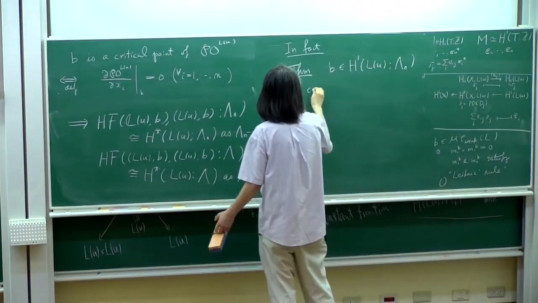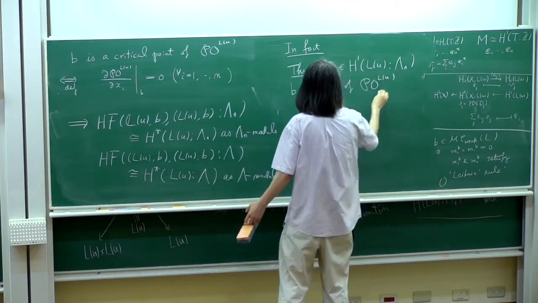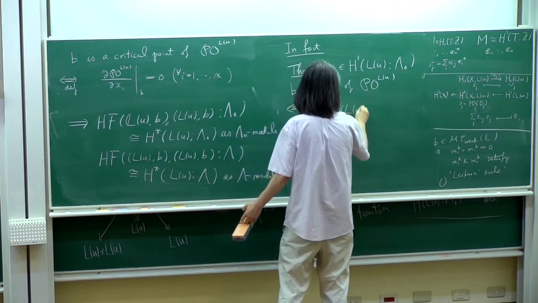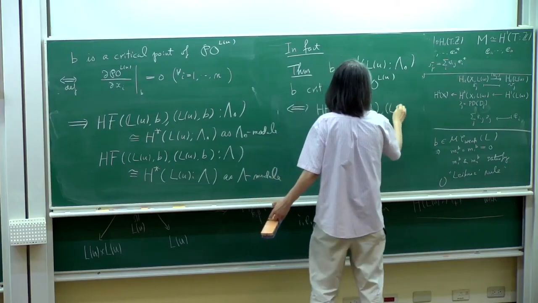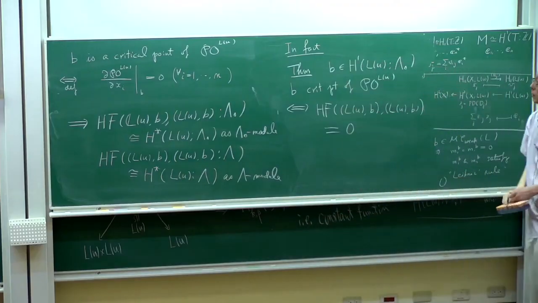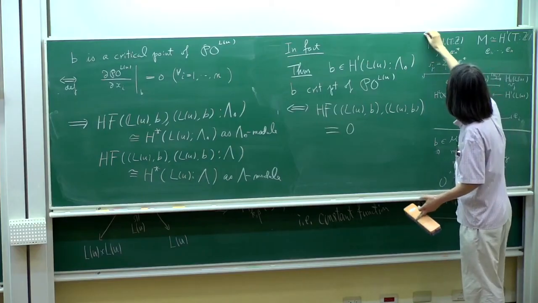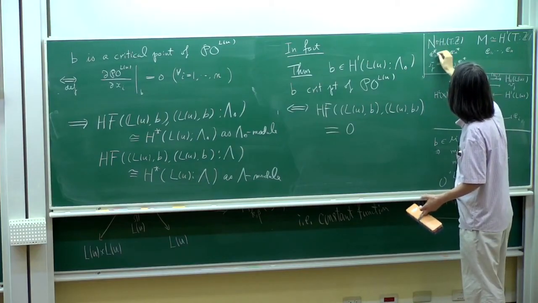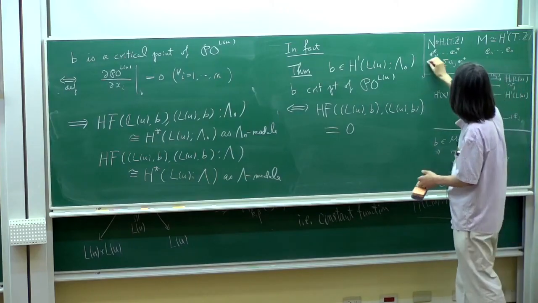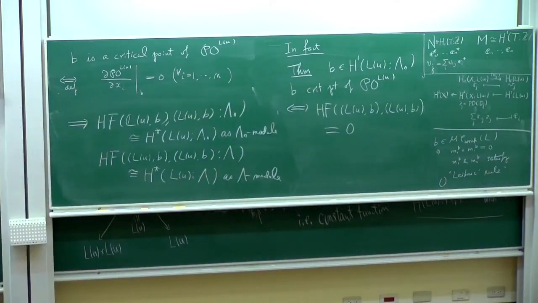So B is a critical point of P of LU if and only if this HF of this LUB is non-zero. Okay, so this is one of the things.